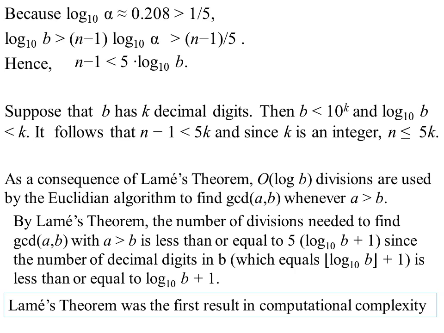Now, let us assume that B has k decimal digits. Then obviously B will be less than 10 to the power of k. For example, if B is having 3 decimal digits, then the maximum value it can take is 999, which will be less than 10 cube.